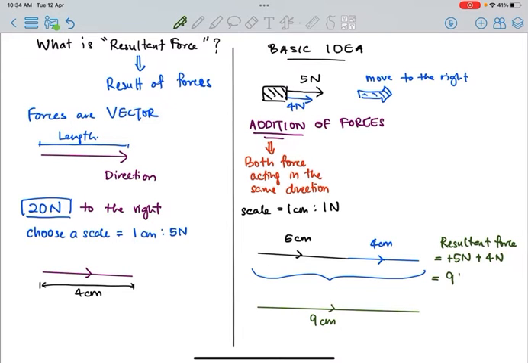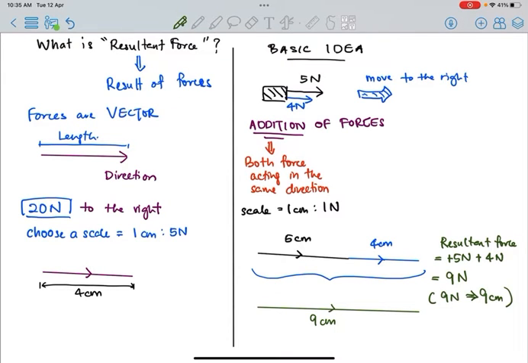According to our scale, 9 Newton represents a 9 centimeter line, which is also given by our drawing. So by understanding these basic ideas of vector addition, or addition of forces, we can come up with the result of our forces, which is known as the resultant force.